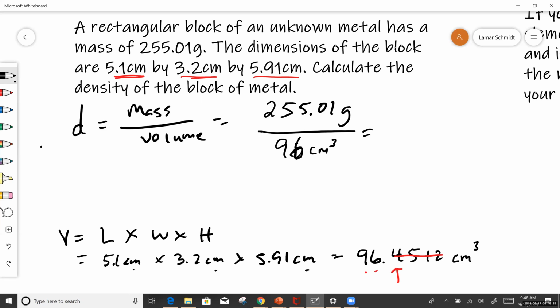You're welcome. All right, so what are we doing here? What is the next thing? Divide. So we take 255.01 and we divide it by 96, and what do we get? 2.656. What's my unit?